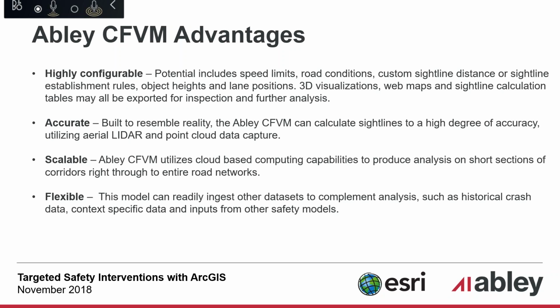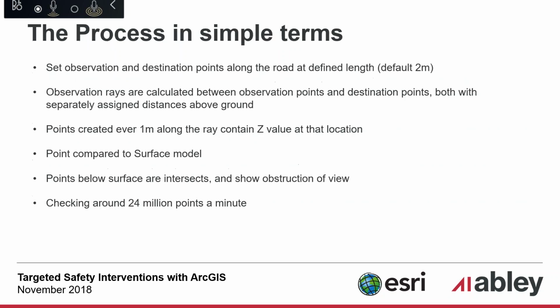It's built to resemble reality, and we've undertaken site field validation tests to confirm its level of accuracy. It's scalable, and it utilises cloud-based computing capabilities to produce analyses on short sections of corridor right through to entire road networks. And it's flexible. The model can readily ingest other data sets to complement analyses such as historical crash data, context-specific data, and inputs from other safety models.